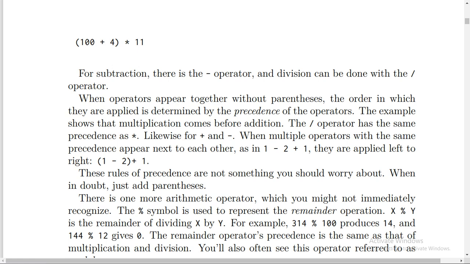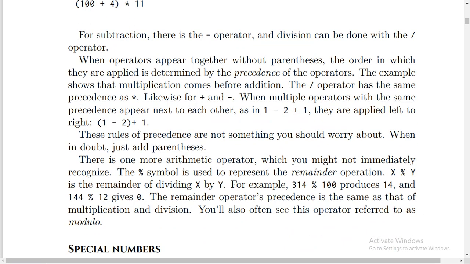These rules of precedence are not something you should worry about. When in doubt, just add parentheses. There is one more arithmetic operator, which you might not immediately recognize. The percent symbol is used to represent the remainder operation. x % y is the remainder of dividing x by y.